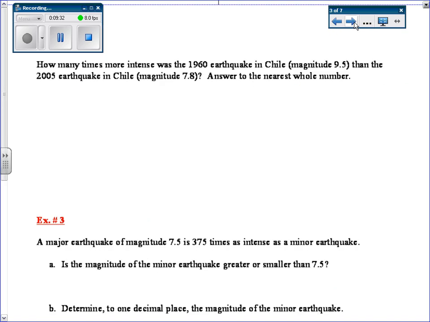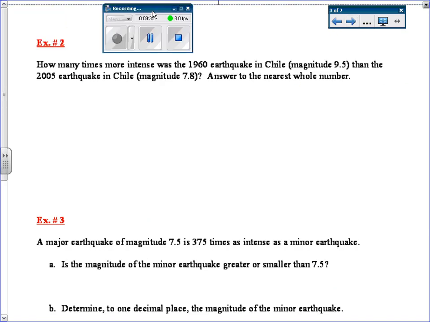We'll just do a couple of examples using that particular formula. We want to know how many times more intense was the 1960 earthquake in Chile, which is magnitude 9.5, so that's M1, than the 2005 earthquake in Chile, which was magnitude 7.8, so that's M2.